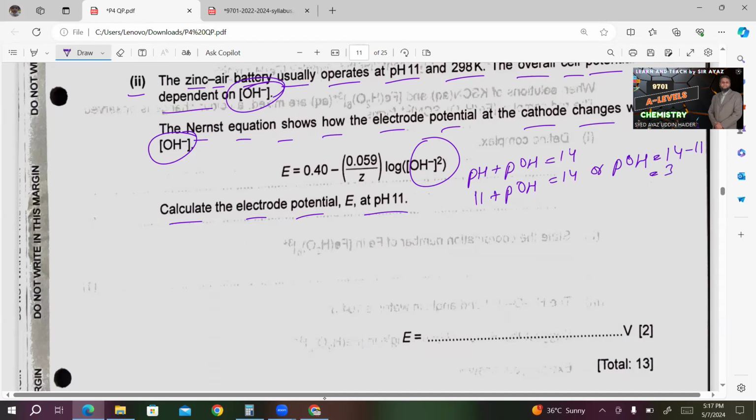Now we need to calculate the concentration. pOH is negative log of hydroxide ion concentration. So in order to calculate the concentration of OH negative, we need to take the antilog of -3.